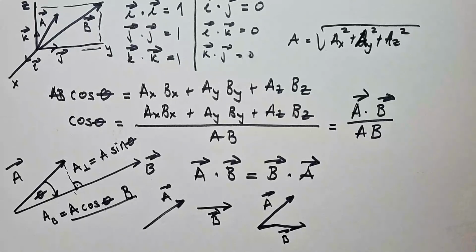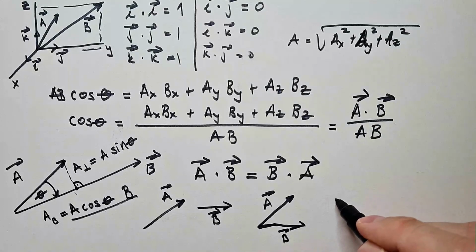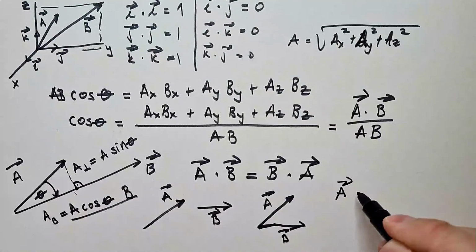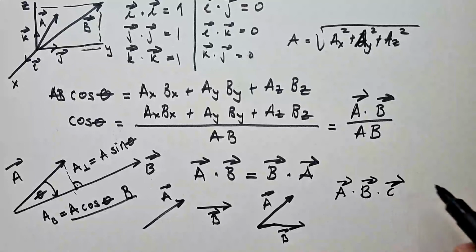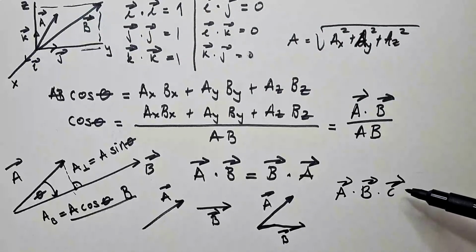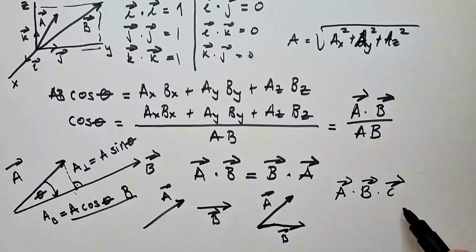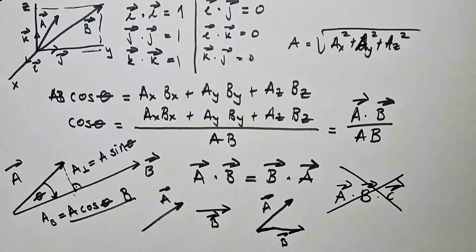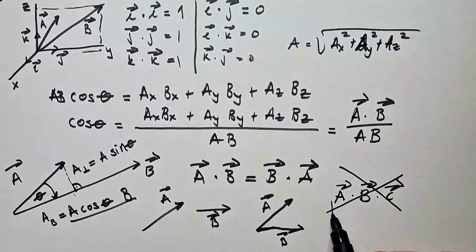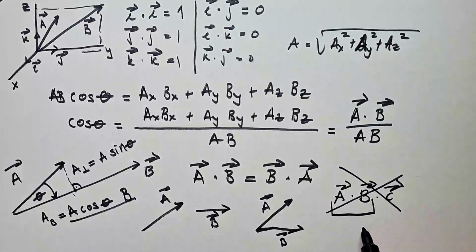Somebody perhaps can ask you, but what if you have a triple dot product? A dot B dot C. Well, the person that asks you that indeed is not very good at mathematics, because this statement is meaningless. Why? Well, A dot B is something that will be a scalar.